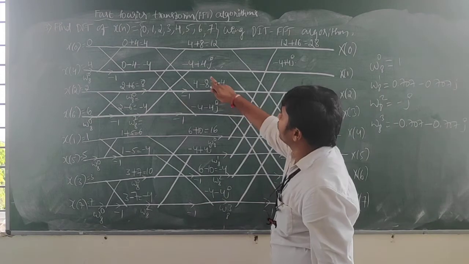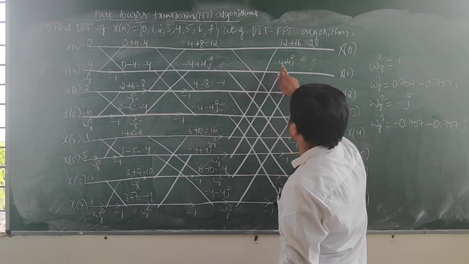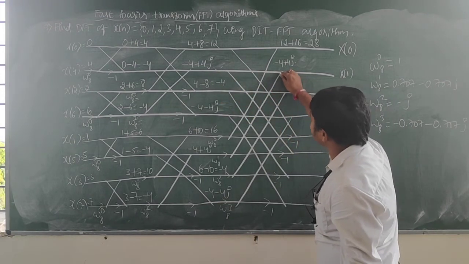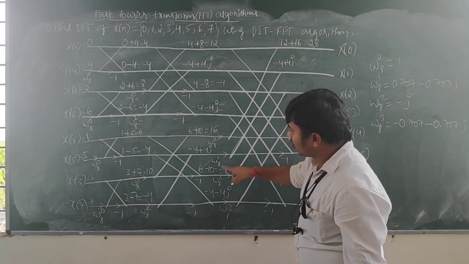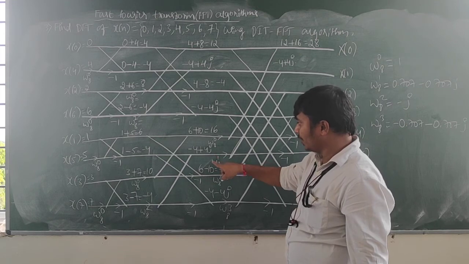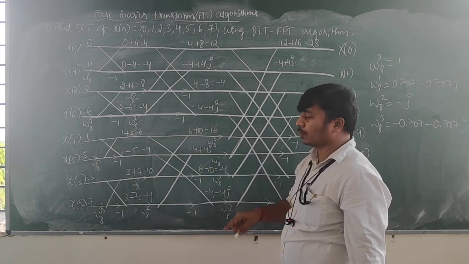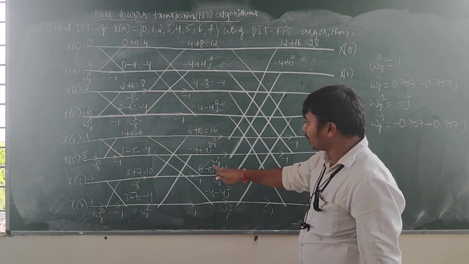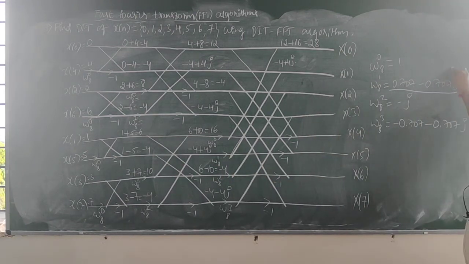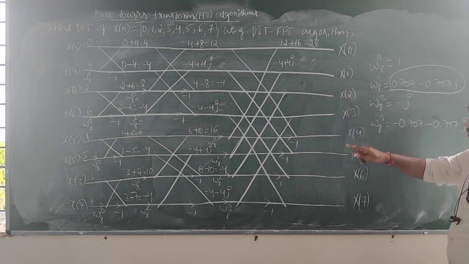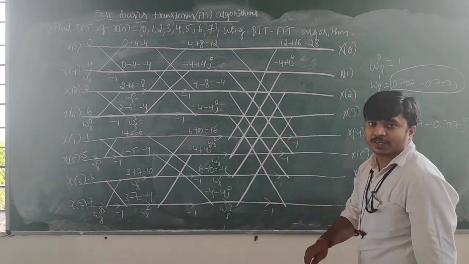So here from this side I get minus 4 plus 4j. Okay, so it is coming from where? So it is coming from here. That is W8 power 1 into minus 4 plus 4j. So what is the value of W8 power 1? It is equal to 0.707 minus 0.707j. So you need to multiply this W8 power 1 value with this minus 4 plus 4j.